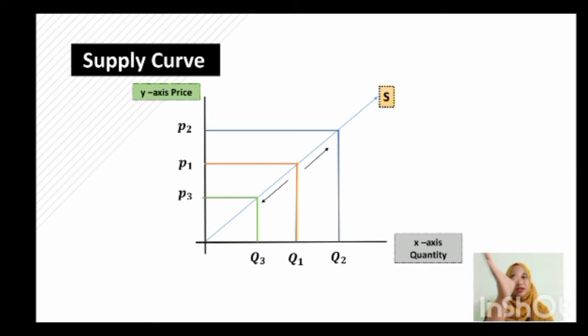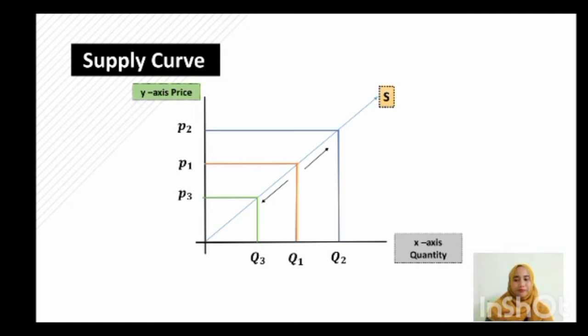So that is the relationship of the own price and the quantity supplied, shown by the supply curve. The use of the supply curve is to show the relationship of the own price and the quantity supplied. So we have here a slope, which is shown as the supply, and here is the price and the quantity.